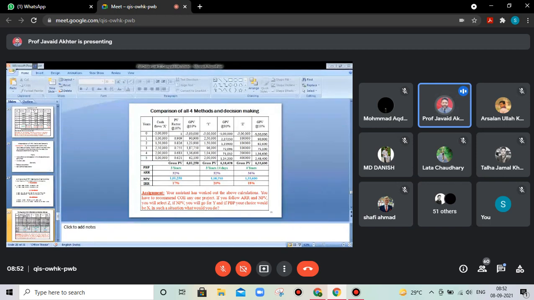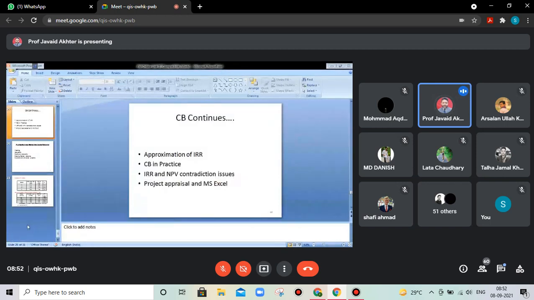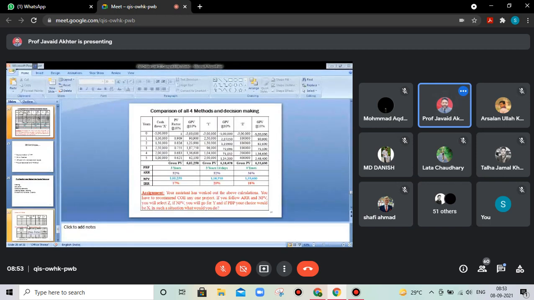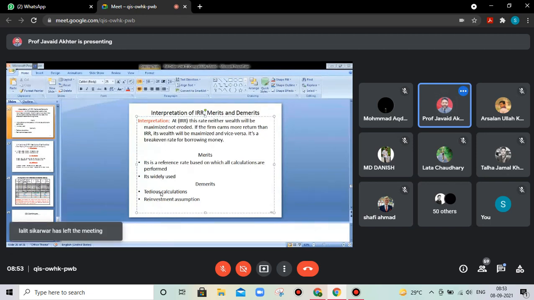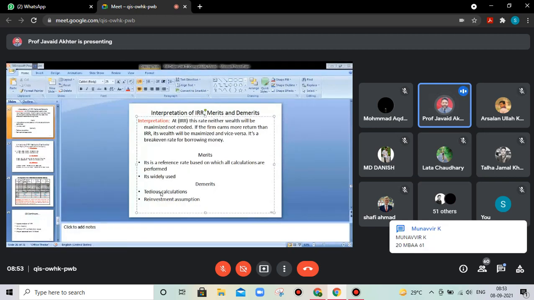Still, if there is any doubt, I can repeat that. If you look at the limitations of IRR, one of the limitations was that it is a bit of a tedious calculation. You need to work it out at various discounting rates, 10%, 12%, 13%, and only then you come to two rates which are closer to the exact IRR, one with a positive NPV and one with a negative NPV.